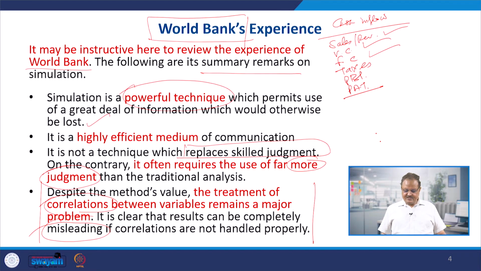That correlation in the different simulated scenarios we have to maintain amongst the variables. But if you are not able to change the expected requirements of these variables, when you change the level of sales, you have to change the level of the variable cost, maybe sometimes in the same proportion, sometimes in a different proportion.